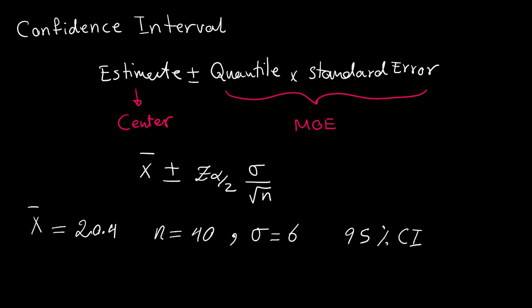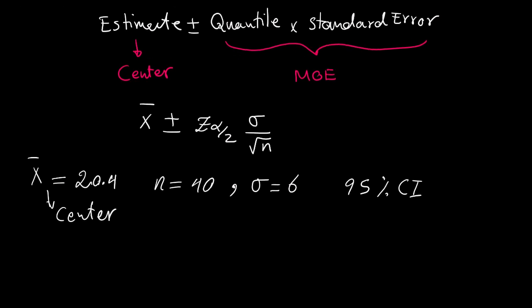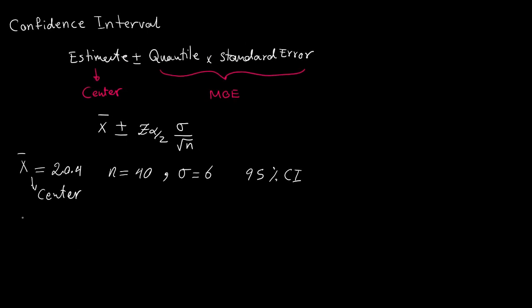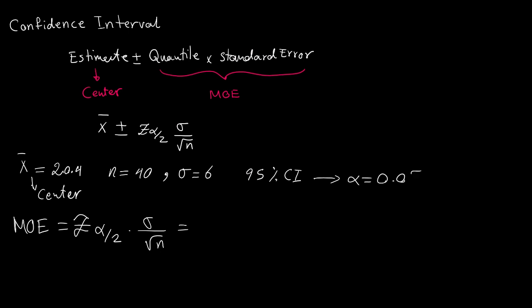So I can write x bar, or center. This is the center. Then I need the margin of error, which is z of alpha half times sigma over square root of n. Here I know alpha is 5%, so alpha half is half of this.